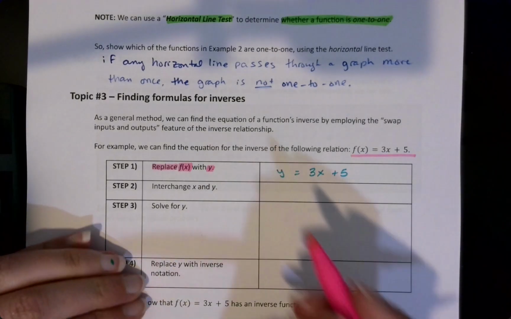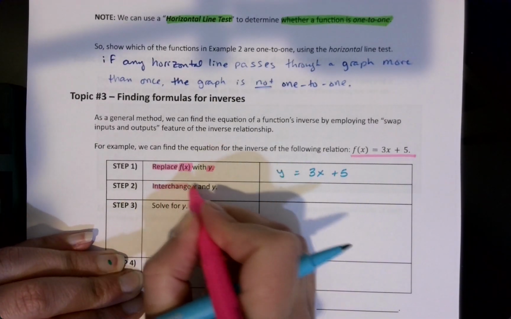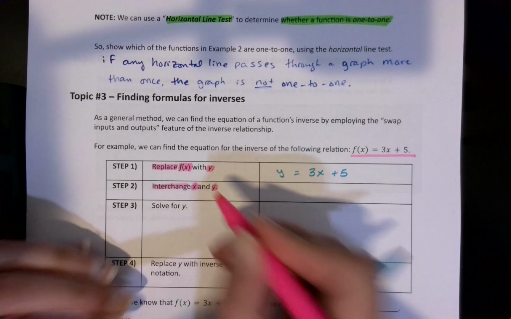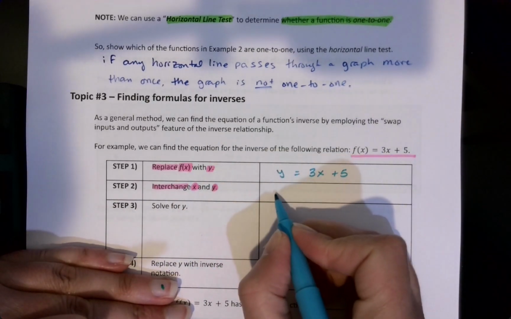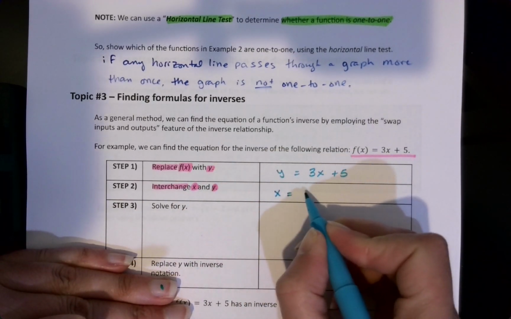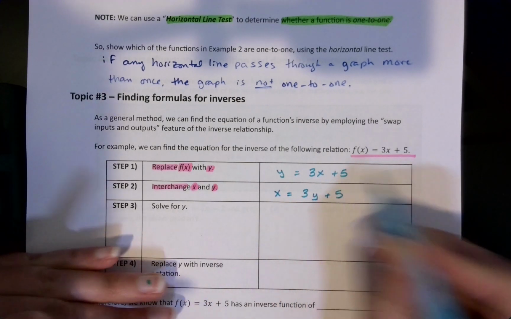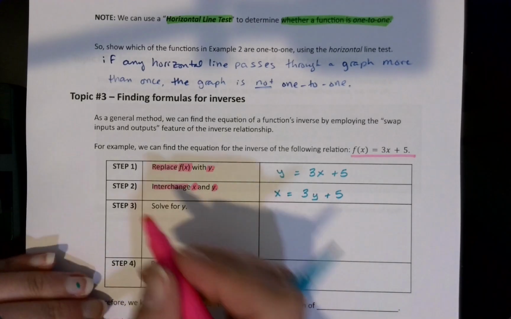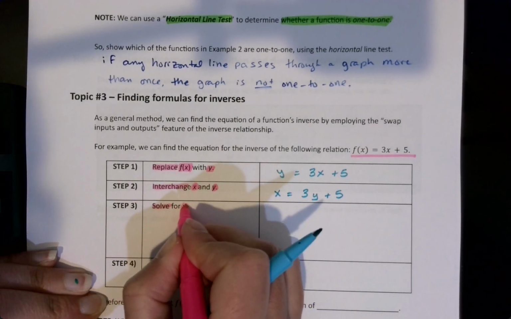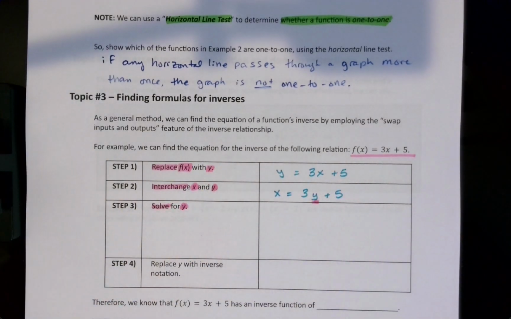And then we're going to interchange the x and y variables. So instead of y, we'll have x equals, instead of x, we'll have 3y plus 5. Just switch the x and y. And then we're going to solve for our new y value.